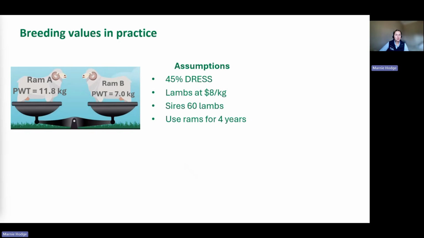And if we apply some pretty conservative assumptions, at a 45% dressing, selling lambs at $8 a kilo, that each of the sires is going to get 60 lambs and they're going to be used for 4 years, we can cost this out and see what the actual translational difference is between purchasing Ram A compared to Ram B.